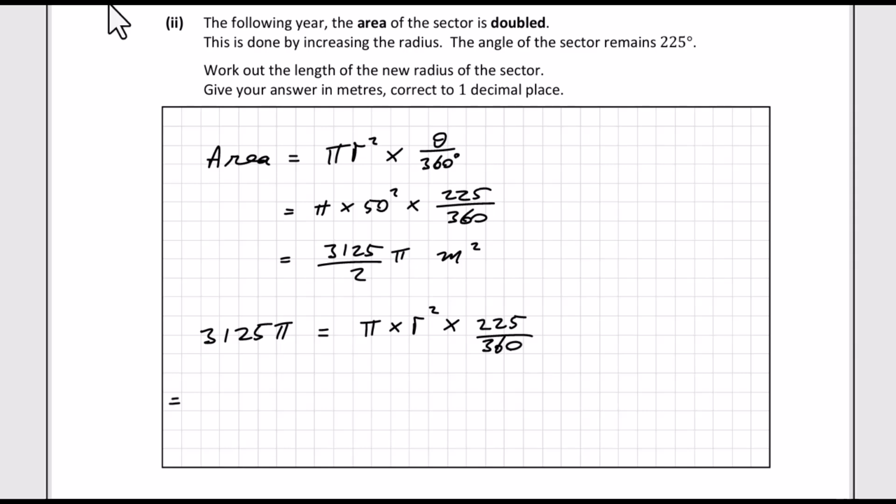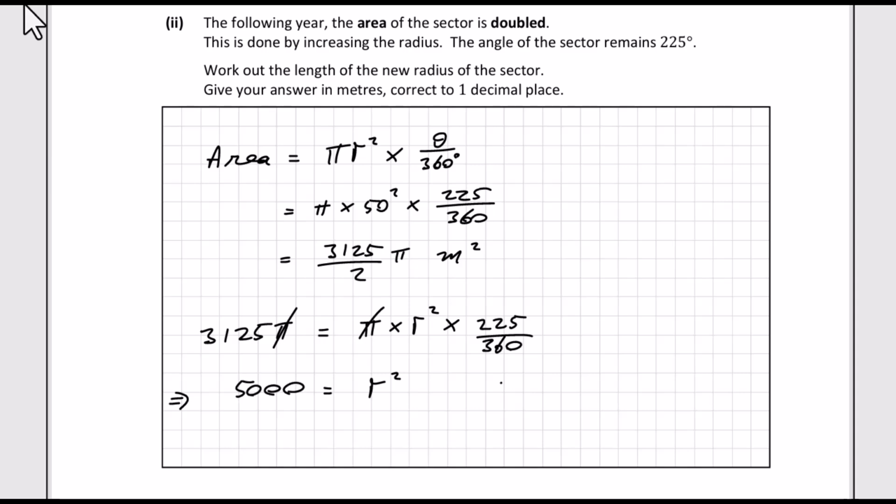So this works out nice and neatly. You've got a pi on the left hand side, which is multiplied. You've got a pi on the right hand side, which is multiplied. So we can just divide both sides by pi. The next thing I'm going to do is divide the left and right hand side by 225 over 360. Or what you can do is multiply by 360 and divide by 225. But what you should end up with is r squared is equal to 5,000.